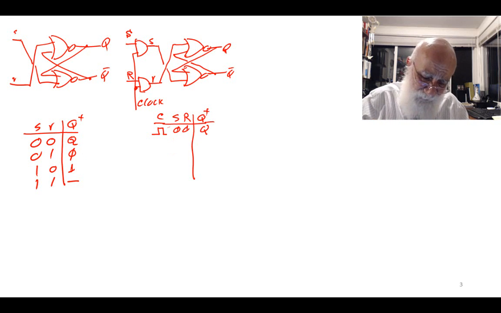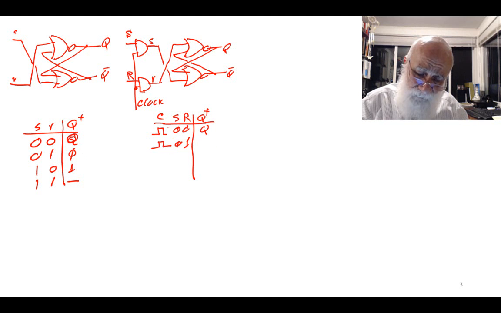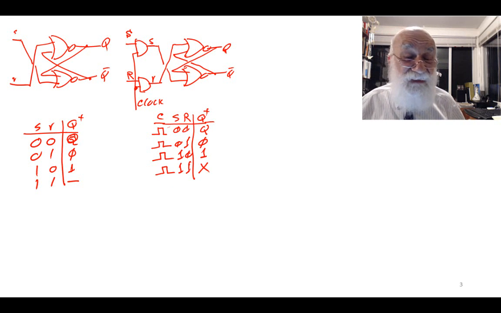Sorry, the one on the left, it has to be 0 cube. A pulse on clock 0 1 resets it to 0. A pulse on clock 1 0 sets it to 1. Only during a pulse on clock, 1 1 is a bad state, something I should not do with my circuit. Okay? The introduction of this clocking thing gave some timing to my circuit.